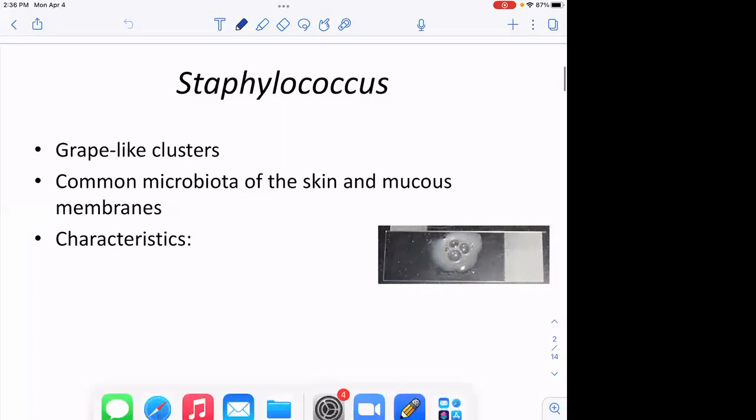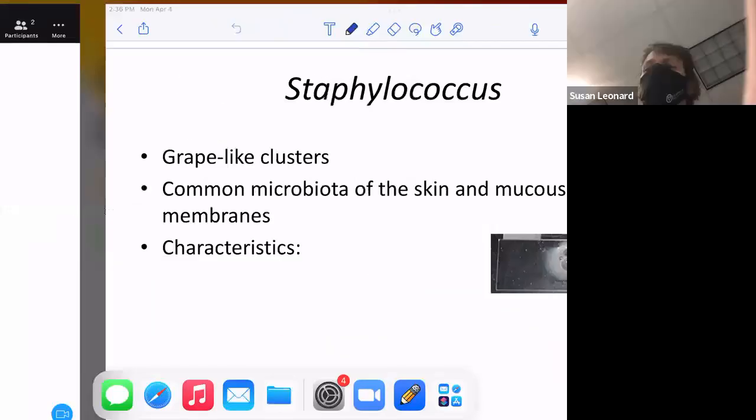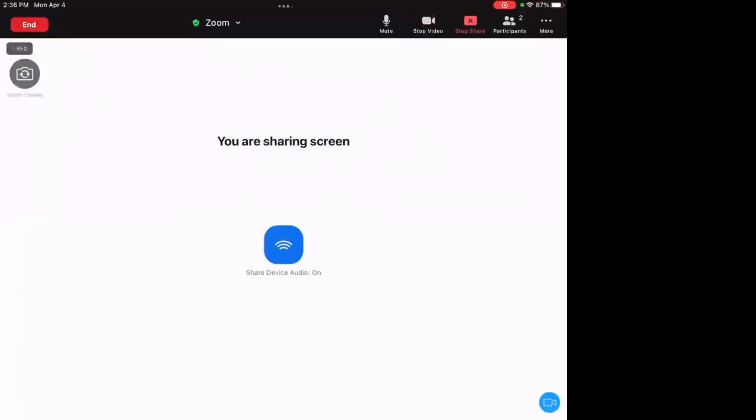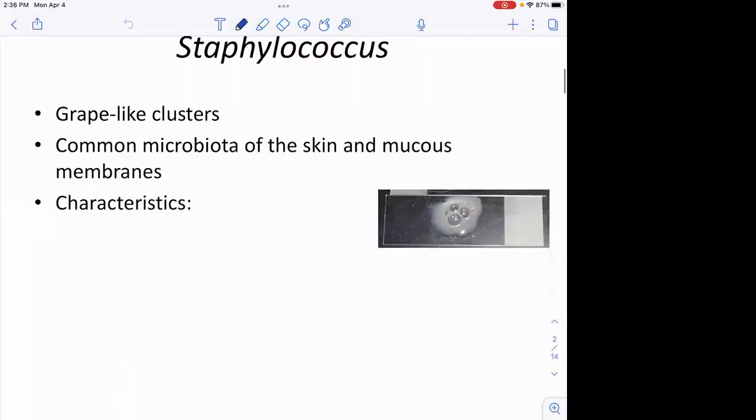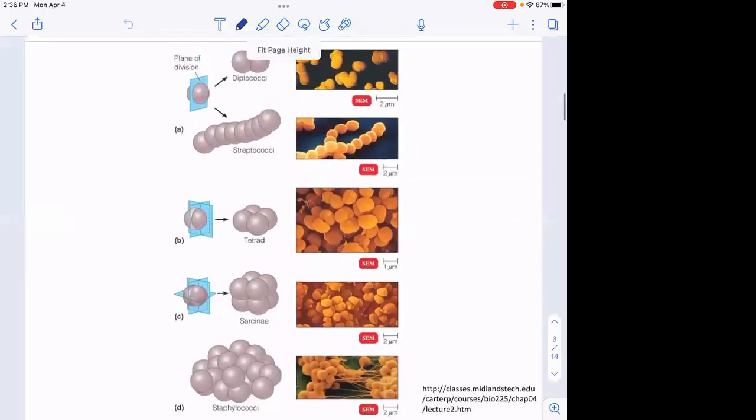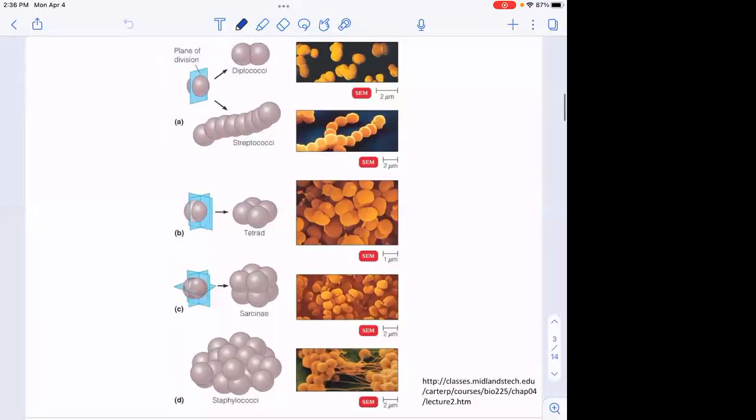I'll come back to this picture in a minute. But remember at the beginning of the semester when we were describing different attributes of cells and the terminology for how they arrange themselves. Our Staphylococcus make these grape-like clusters.